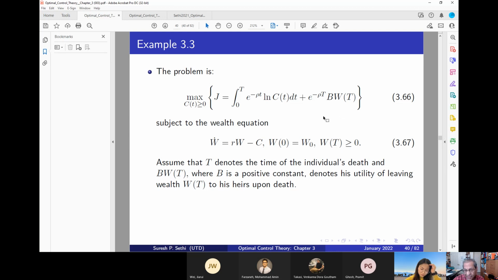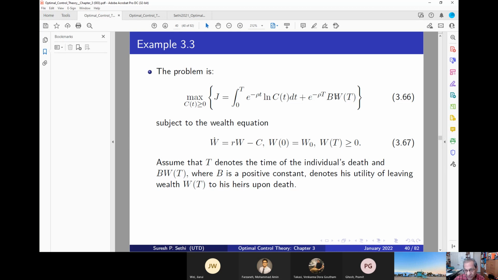If b is 0, then in the previous problem, b of 0, which is the bequest of 0, will be exactly 0. Because right now we define the bequest function not as a nonlinear function, but as a linear function. Okay, but even if you define a nonlinear function, it should still be okay. We can still solve the problem. But to just make things simple, if this is the way the bequest was, then b of 0 is exactly 0. So that's how I connect the problem to the previous one.